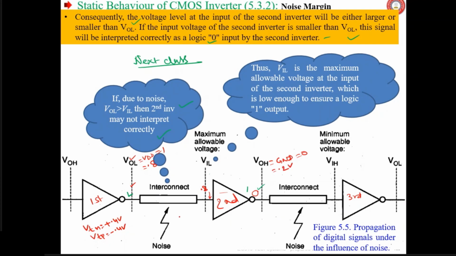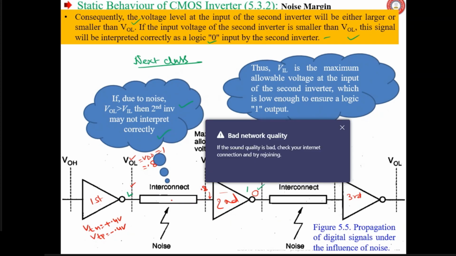Let me assume it. That also can be thought of as low. So, for example, if this output VOH is applied without any change by the interconnect, no problem, we may get the correct output from the second inverter.